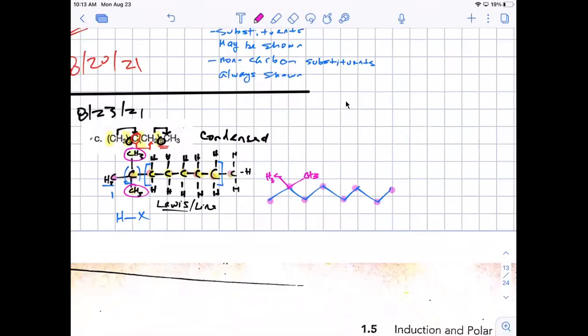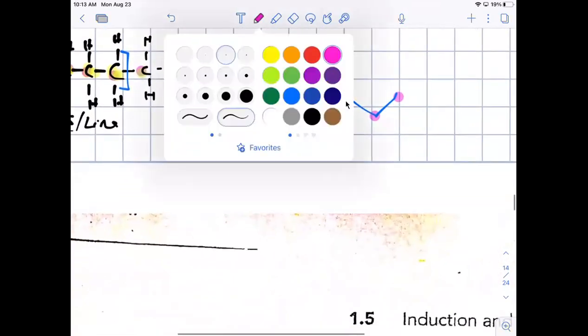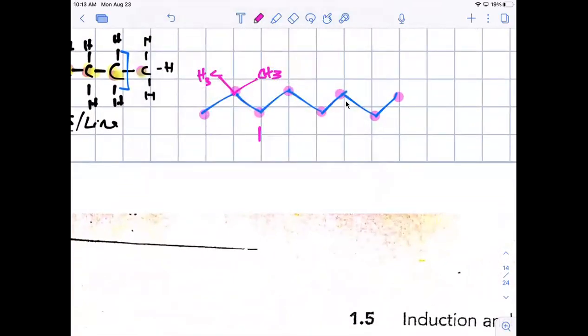And then you can see again right here, these are those 5 CH2s that were in parentheses like this in the condensed form. Sorry about that. Right, this is your CH3. And this is your C with 3 CH3s attached to it.